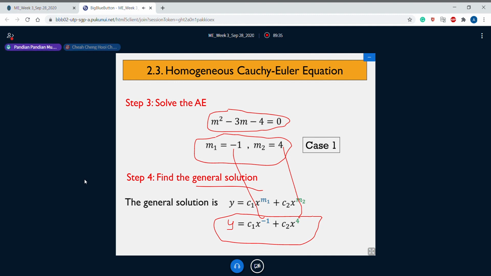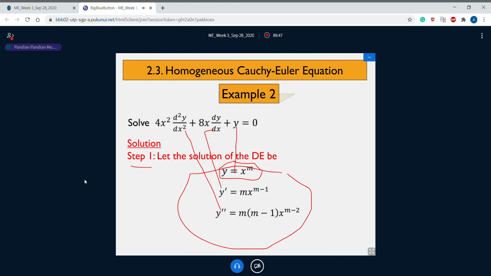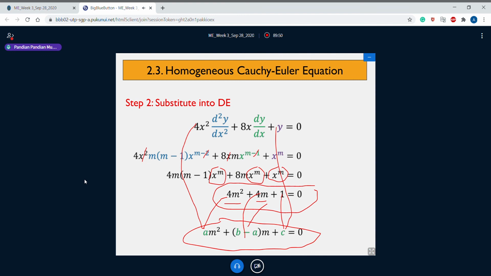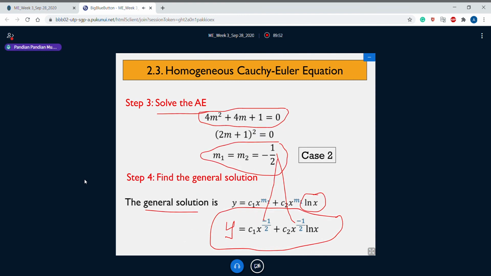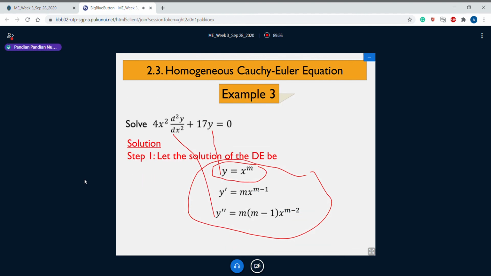No problem. A good question. This is a confusing part. You can exchange m1, m2 here. Okay. That is example 1.